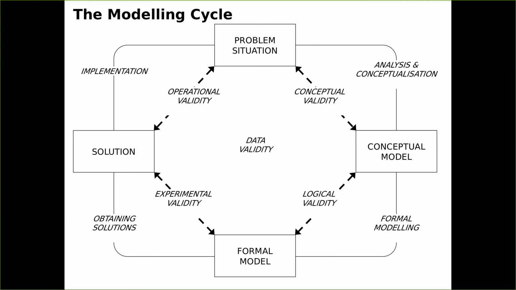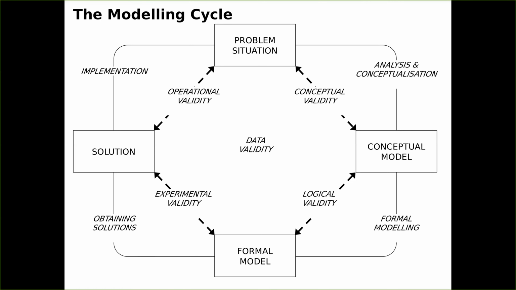Once we've got our conceptual model, we move to the formal model. So we turn that model design into the model itself. That might be a computer simulation, might be a mathematical model. If you're doing live simulation, it might be a performance. But in some way, the actual model that you're going to be using, most of the time, is going to be a computer model. And we check the logical validity of that model by checking to make sure that we've created a model that sufficiently accurately represents the design for the model that we made.